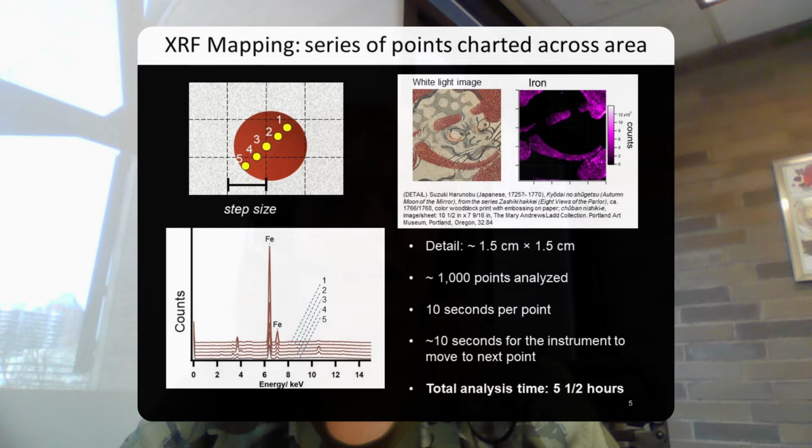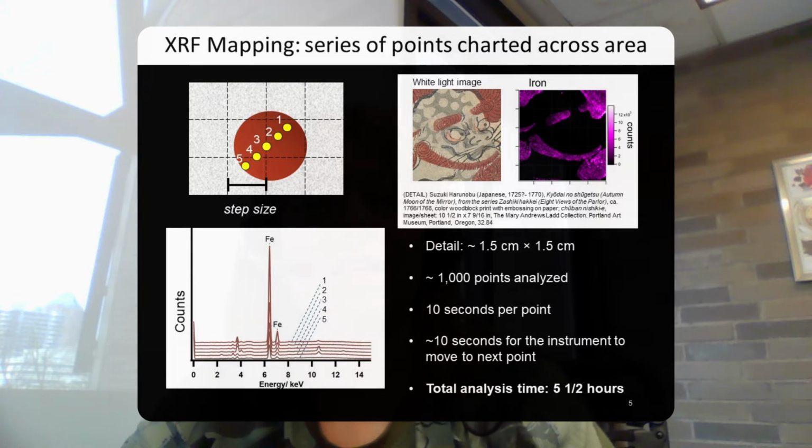When using a scanning X-ray fluorescence instrument, the instrument itself is motorized, allowing it to line raster, line by line across an area, collecting elemental information at each step along that line. Software can construct a heat map showing the abundance of each element as it changes over the mapped area.